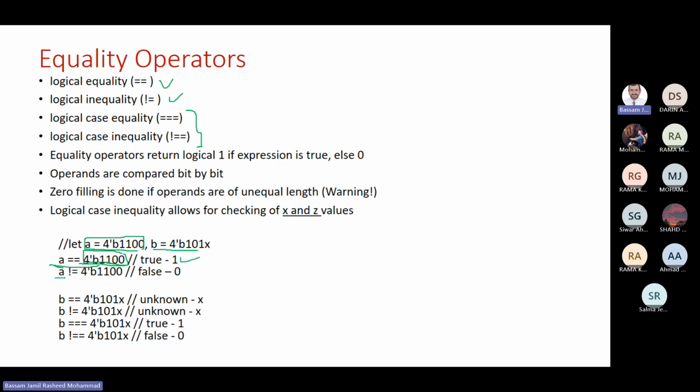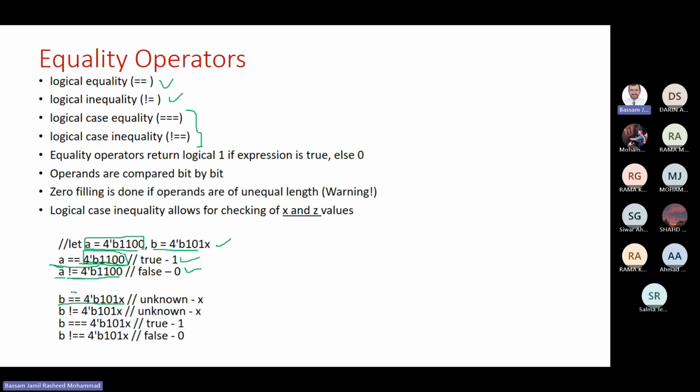But is A not equal to this? No, A is equal, so A not equal is false. Now, here is the value of B, which is 101x. So is B equal to 101?